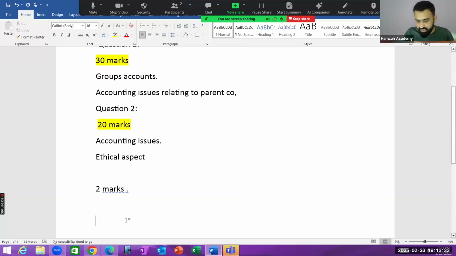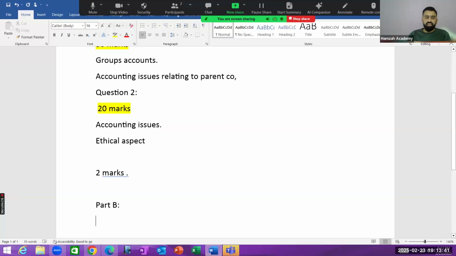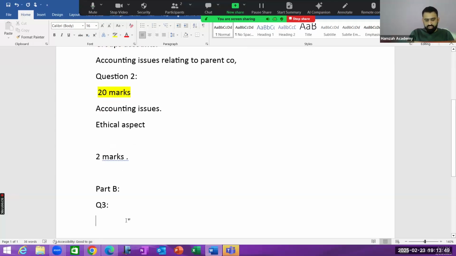Then after Part A, the second part of your paper is Part B. In Part B, we have 2 other questions, which are Question Number 3 and Question Number 4.